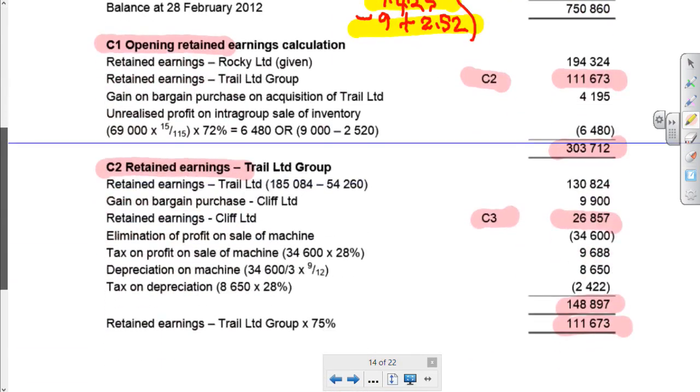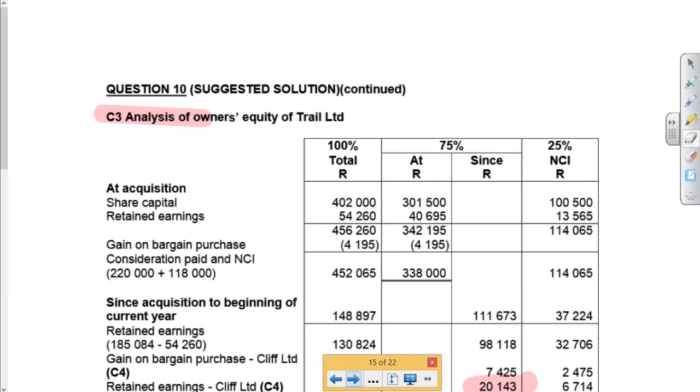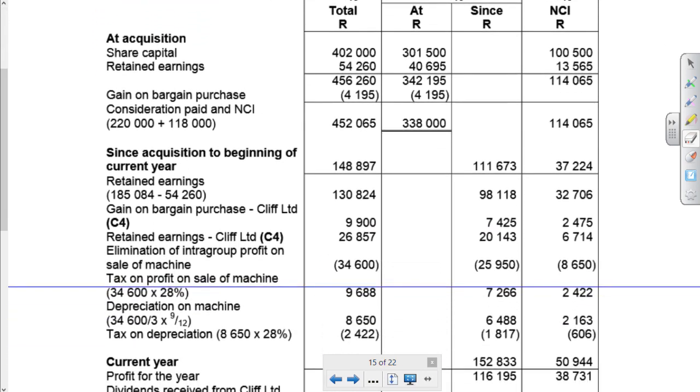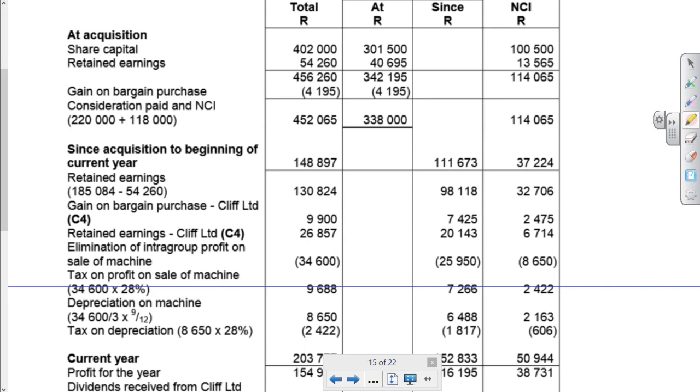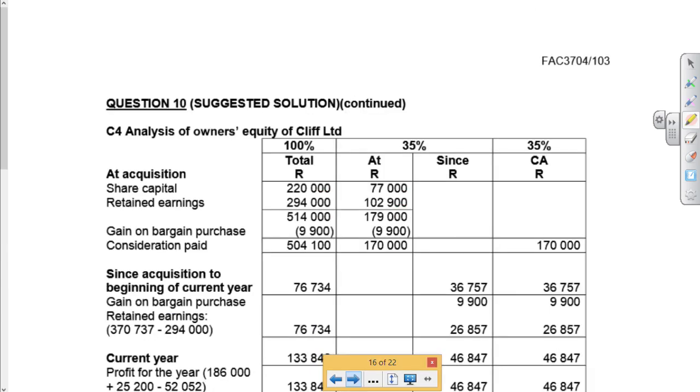No. 26,857 is the number that comes from here, which is this one. 26,857, which comes from Calc 4. Then you have to go to Calc 4, and Calc 4 is the analysis for Cliff. And when you get to Calc 4, you see here's the 26,857, which is my share of the movement of the 76. It's a drama, isn't it?